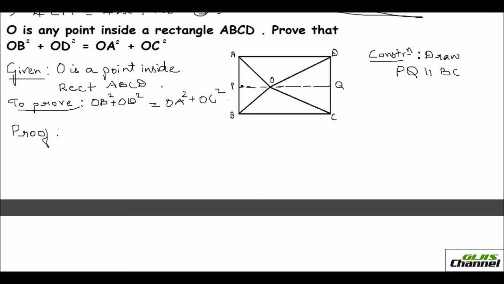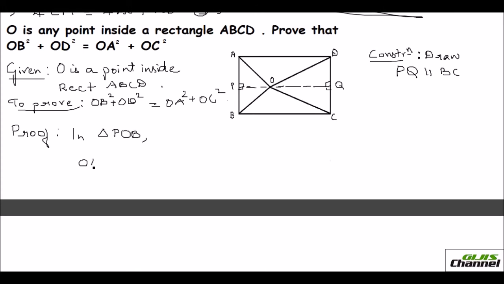So since it is a perpendicular line here, you have all these angles 90 degrees, okay? So you know that you have 4 right angle triangles there. So let me take one by one and fill in. So let me take POB, okay? What is the equation I can write?